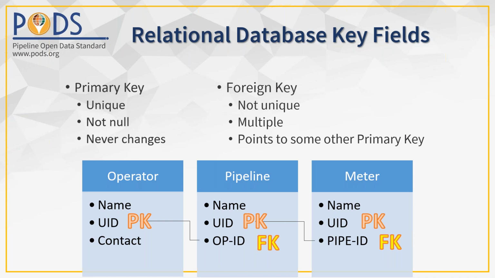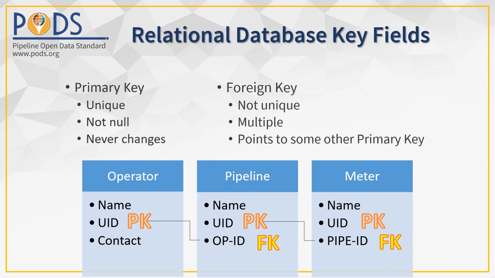So they look for a match. For example, in the operator table, you can see the primary key is the UID field. Well, the pipeline also has a UID field that's a primary key, but its primary key is related to the pipeline and not the operator.